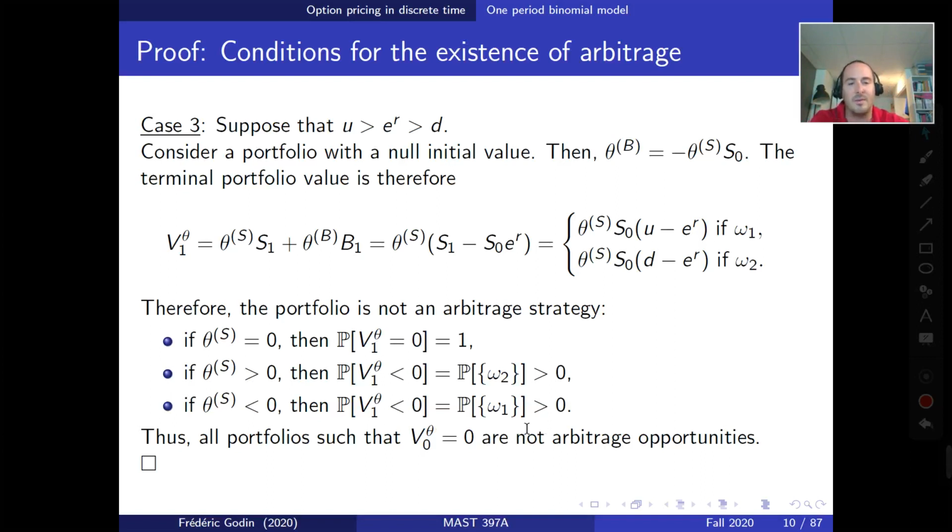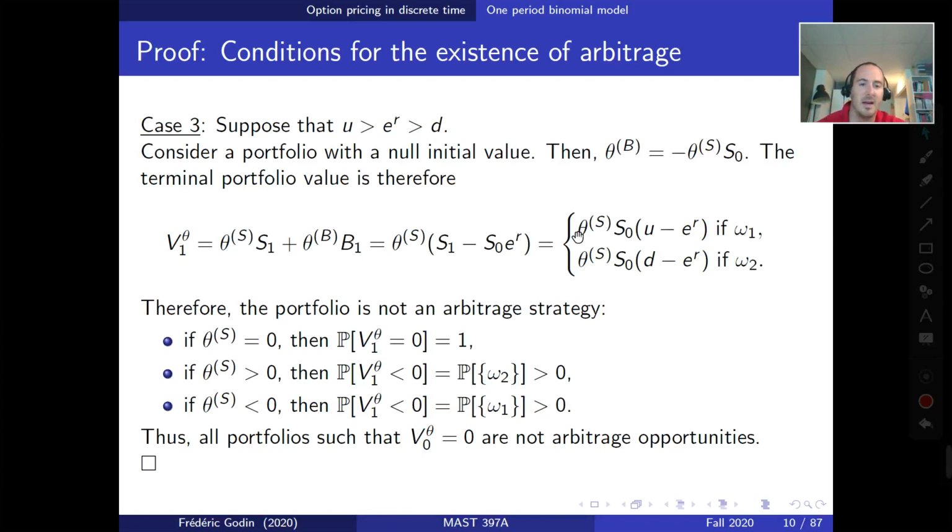So we've seen that for all portfolios under this assumption, if the initial value is 0, then this must be satisfied, and this equation implies that there's always a positive probability of losing money unless the portfolio is 0 all the time. But this is not an interesting case.